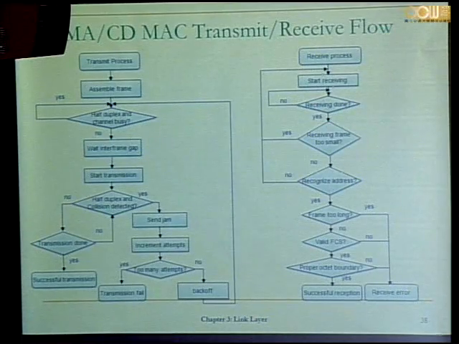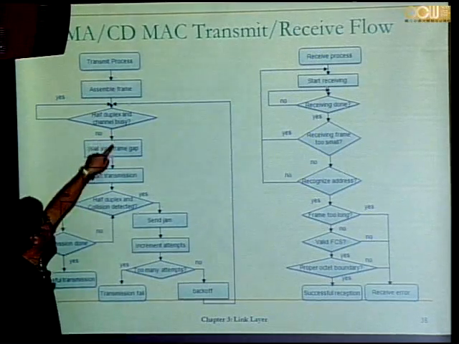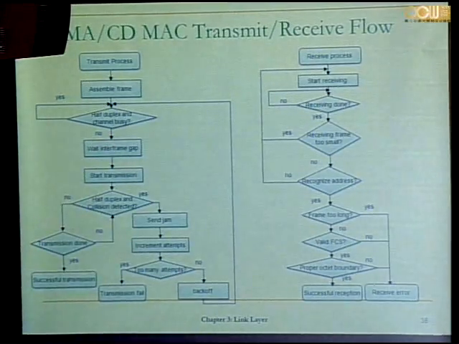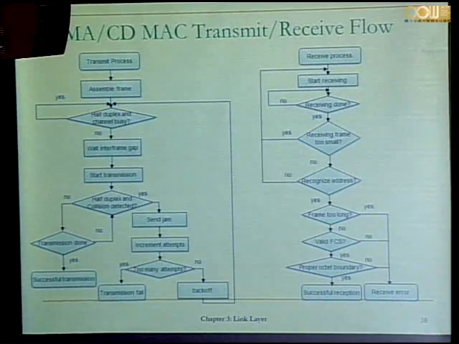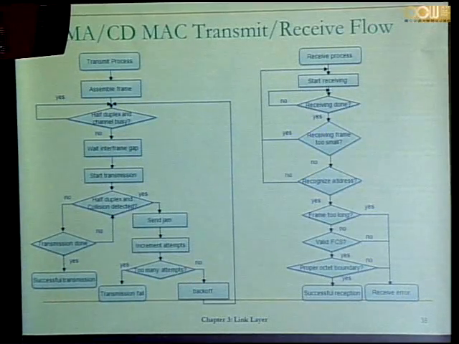Okay, and the checking here is not done by software; it's done by hardware. So you have a piece of hardware that keeps sensing, and once it senses idle, it would then go this way. It's implemented in hardware, not in software.